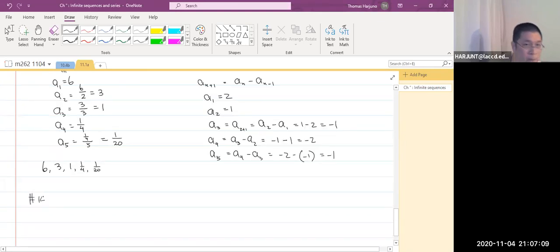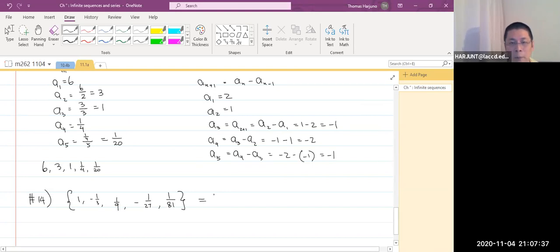Number 14. Find the general formula. 1, -1/3, +1/9, -1 over 27. This one is not fun. 1 over 81. Can you help me?